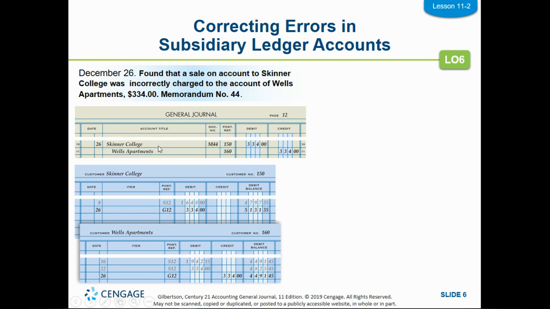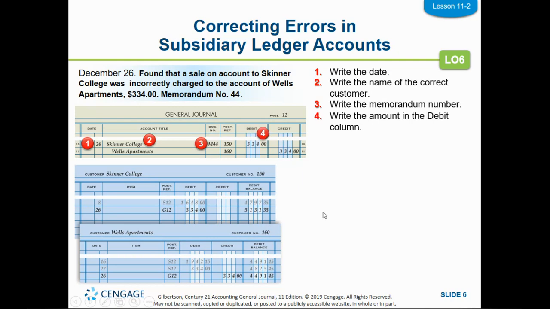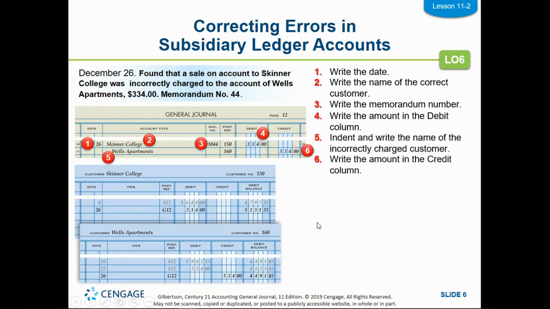Again, accounts receivable have a debit balance. So we want to put it into Skinner College with a debit and take it out of Wells Apartment with a credit. Very similar to some of the other correcting entries we've done in the past.